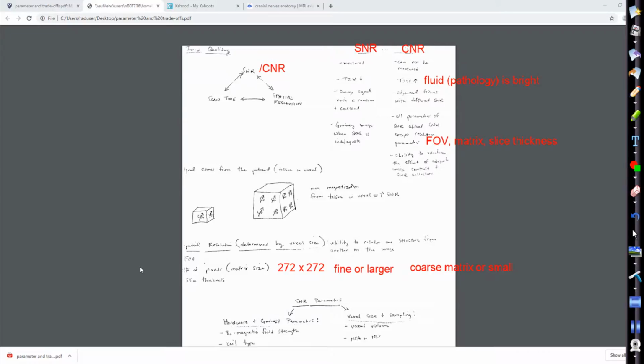That's why our pixel size equation is field of view divided by phase encoding times field of view divided by frequency.